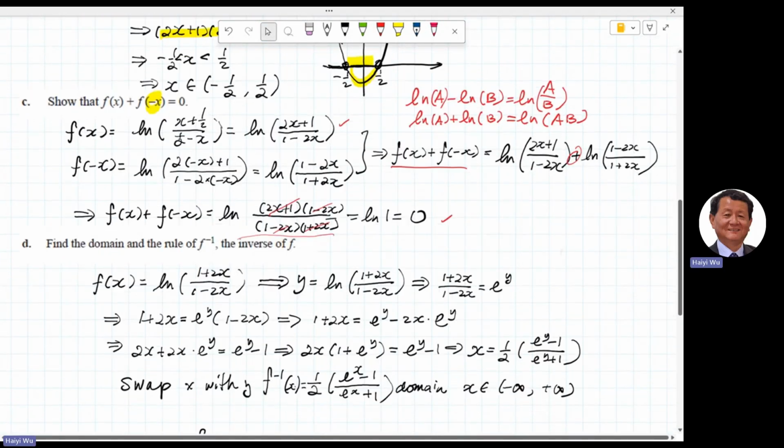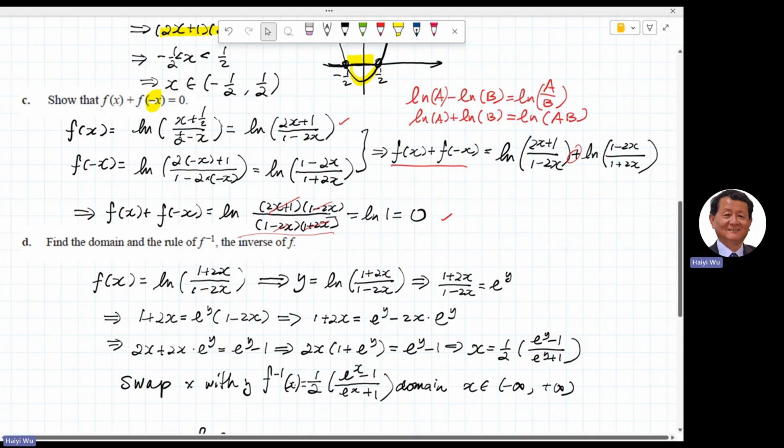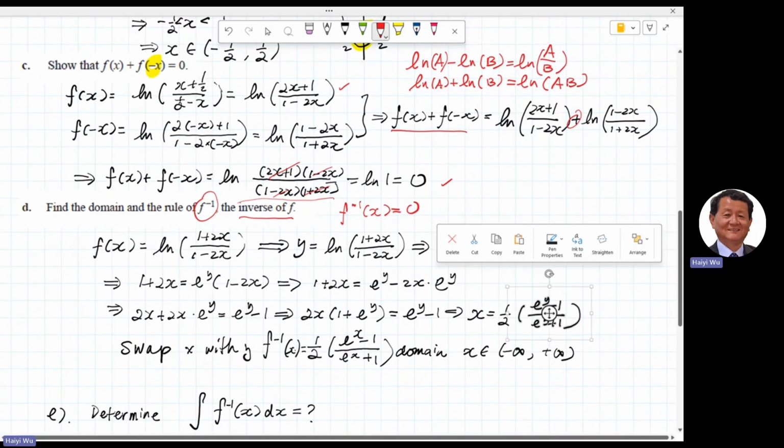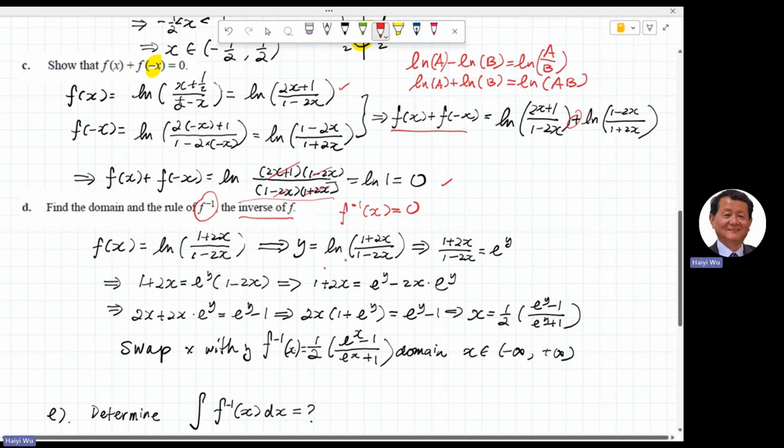All right, so the next one, we need to find the domain and the inverse of f. So it means we need to determine the inverse of f. In order to find the inverse, I'm going to let f(x) equal y. So y is a log. So we undo the log. So this equals e to the power y. So we move this to the right, multiply, then expand the brackets, then move y to the other side.